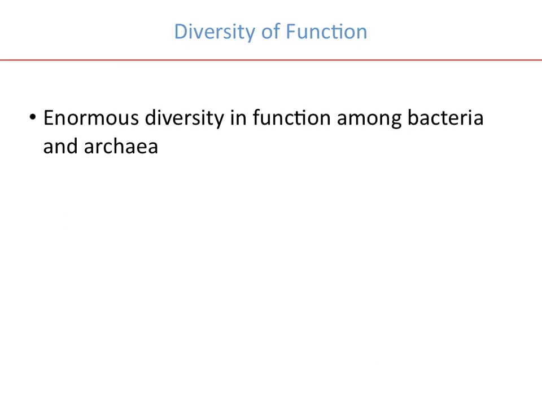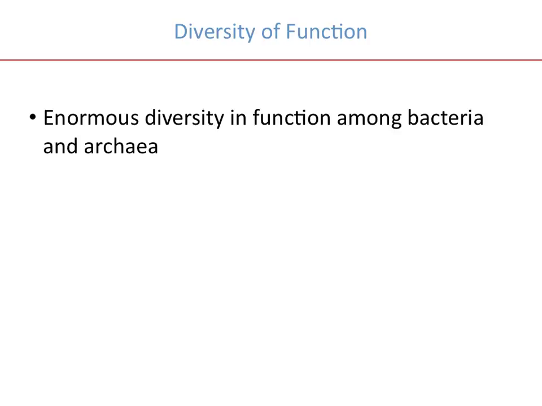Okay, so diversity of function. This is where, with the bacteria and archaea, you really start to see a whole lot of diversity. For humans, mammals, animals, there isn't a whole lot of diversity. We can't really do a whole lot. Our carbon sources are pretty boring. Hamburgers, Panda Express.